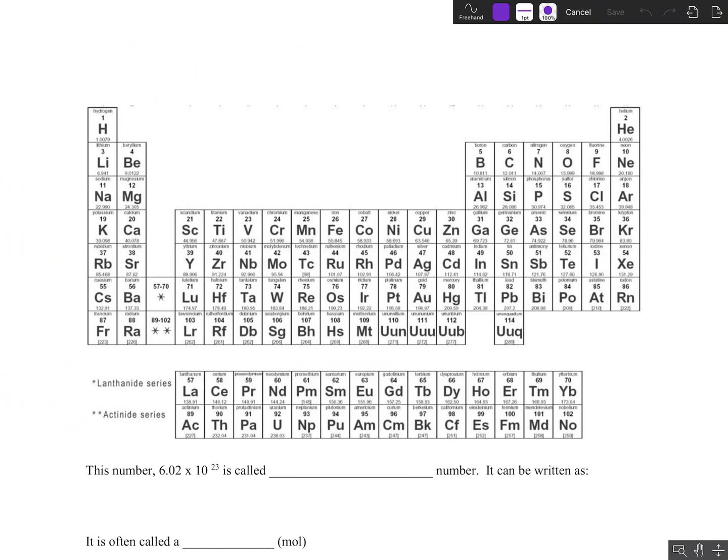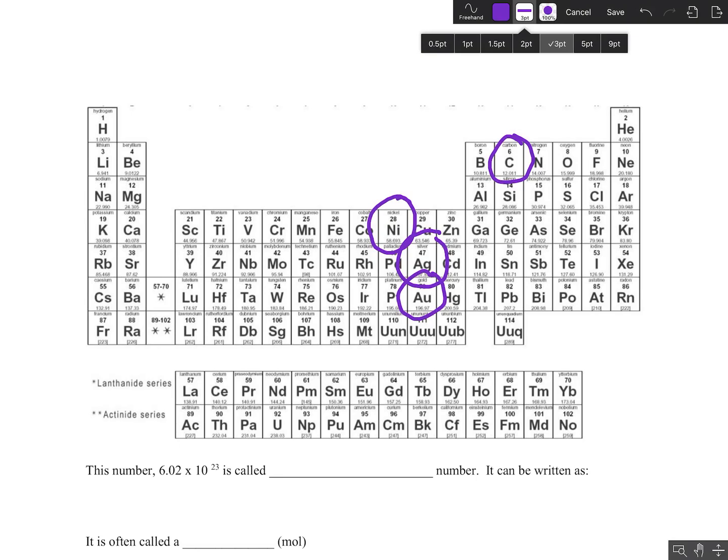Let's find gold. So let's make this a bit bigger so we can circle it for you. Here is gold. And remember, we talked about silver, and we talked about carbon, and we talked about nickel. Now, there's something called atomic mass. Let's look at the atomic mass of these elements.